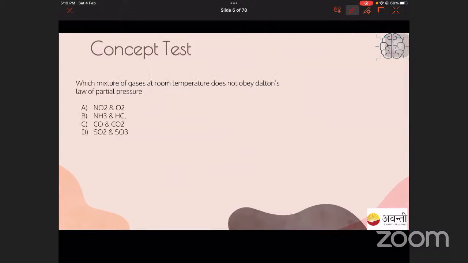Simple. Now, if you understood the concept, try to answer this. Which mixture of gases at room temperature does not obey Dalton's law of partial pressure? What you need to see here is whether the gases will react with each other or not. Try to see.